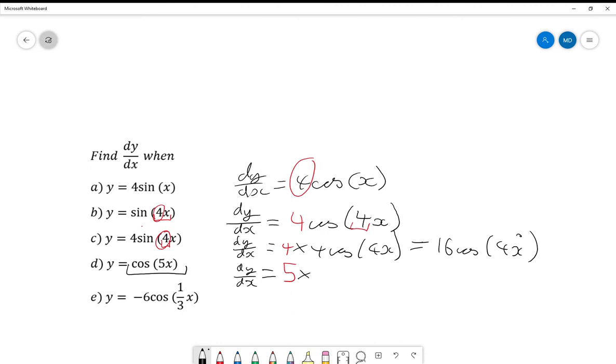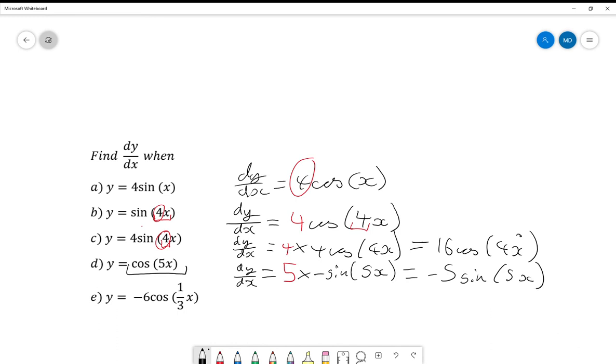And then we're going to multiply by cosine differentiates to minus sine. So minus sine of 5x. And notice the 5 is still in the brackets. We're just getting that extra multiple of 5 in front. And so that's equal to minus 5 sine of 5x.